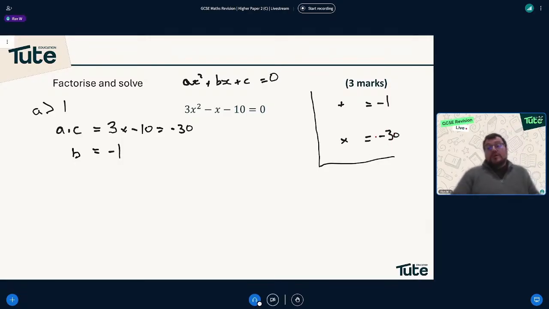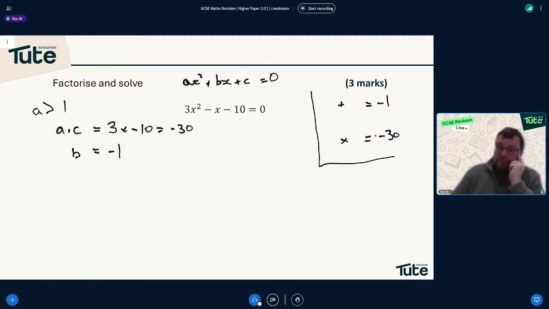Now, I'm looking at this, and if I've got a negative product, I know that one of the numbers has to be positive and one of the numbers has to be negative. I'm seeing a negative sum. That tells me that one number, the biggest number, has to be the negative one.